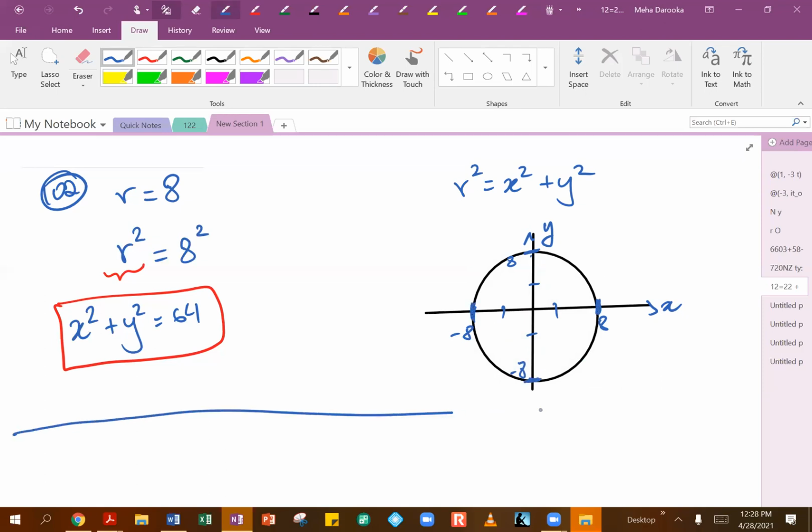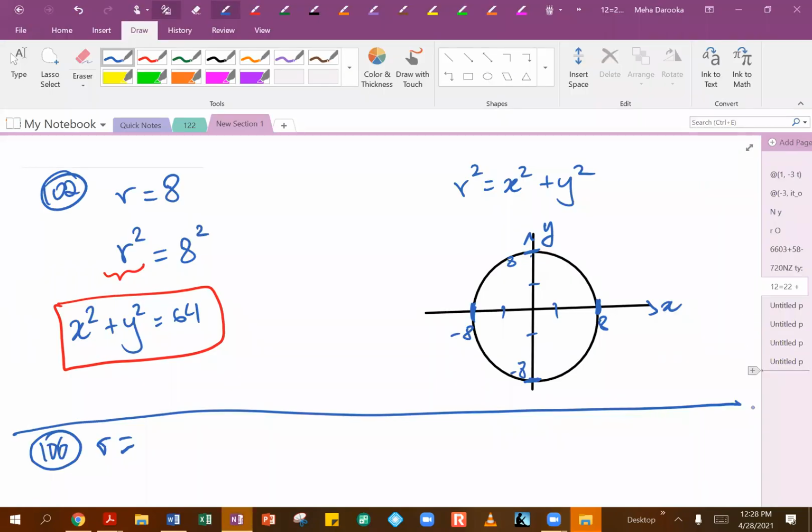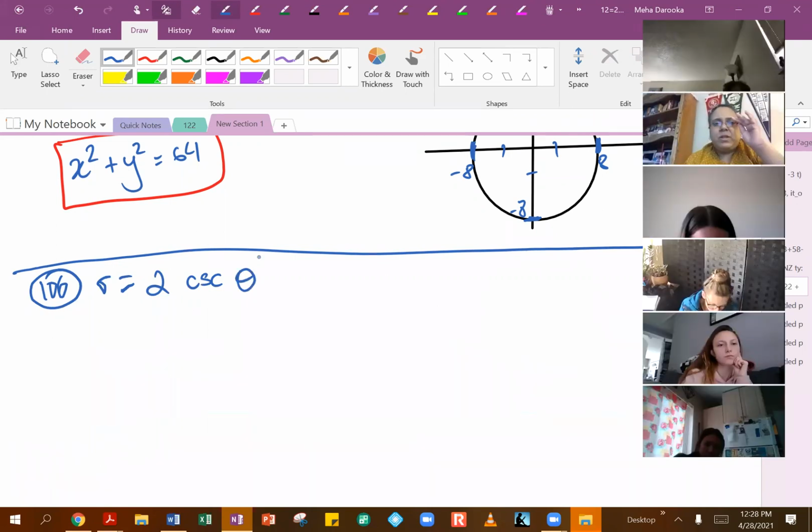Okay, so let's see what happens with that 106, which was r equals, I think, 2 times cosecant theta. Yeah, 2 times cosecant theta. So what do we know about cosecant theta that we can use here?